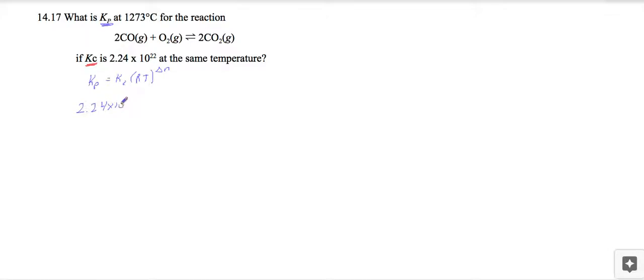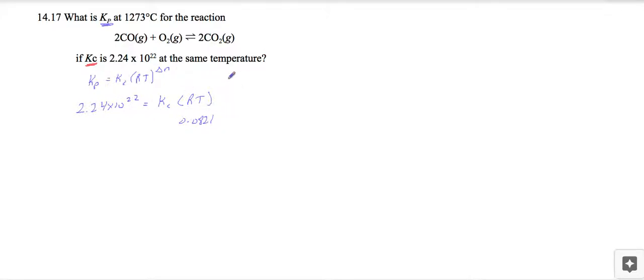2.24 times 10 to the 22nd is equal to our Kc, RT. So the R is going to be our 0.0821, and that's because we're dealing with pressure, liter atmospheres.